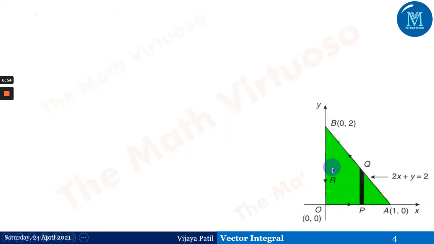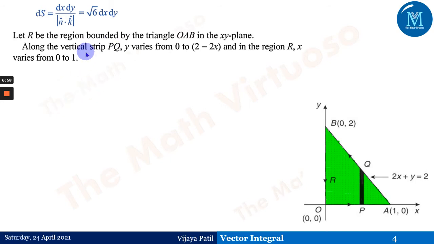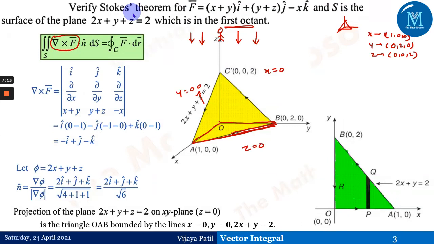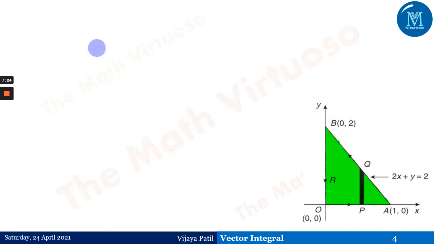Now ds is as we have seen from the last slide. ds is dx dy upon mod of n cap dot k cap, which gives us square root of 6 dx dy. So this is the n bar we have got here.